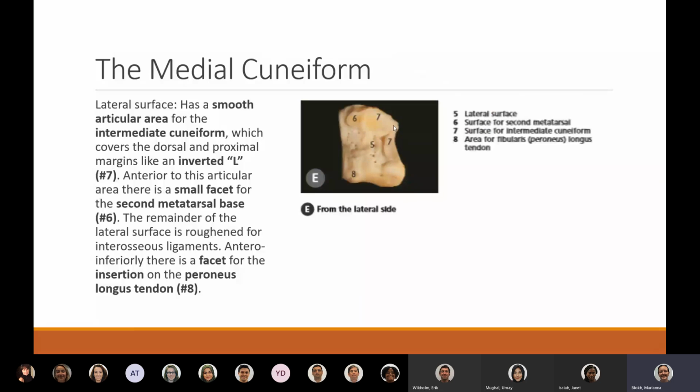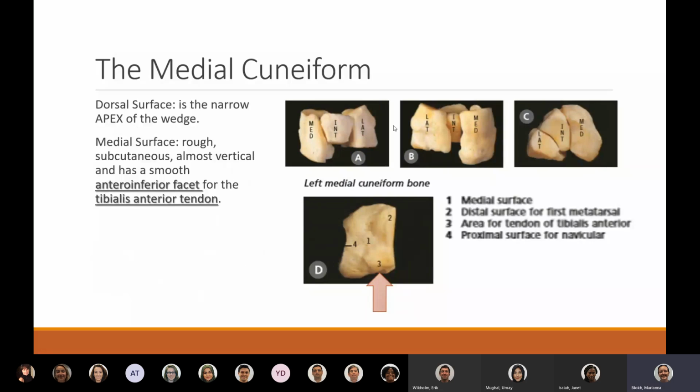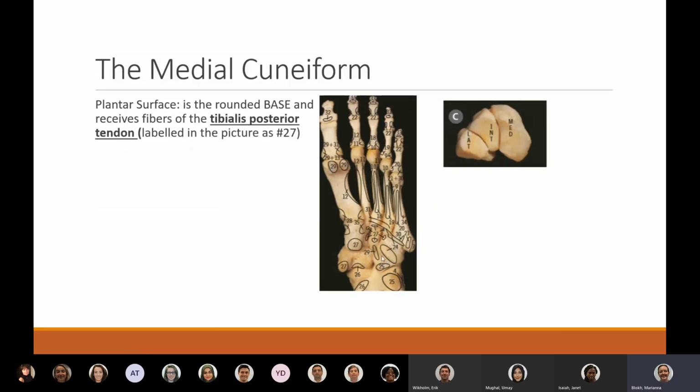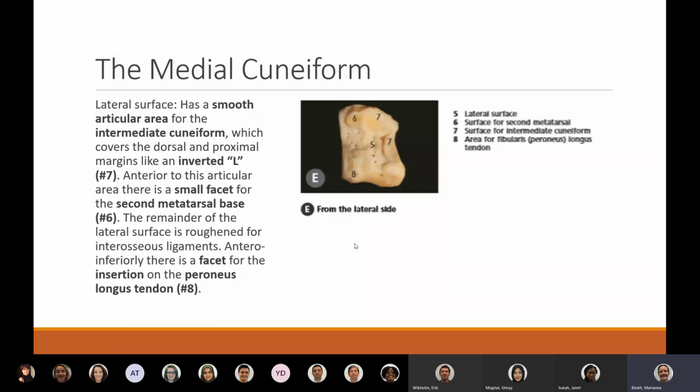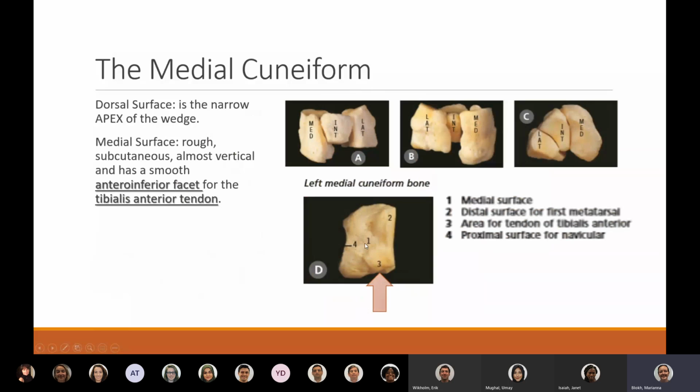So for the medial cuneiform, another thing you have to know: we discussed the medial surface, where we have an area of attachment for tibialis anterior. The plantar surface has the attachment for the tibialis posterior, and now we have the lateral surface. It's hard to see in this picture.